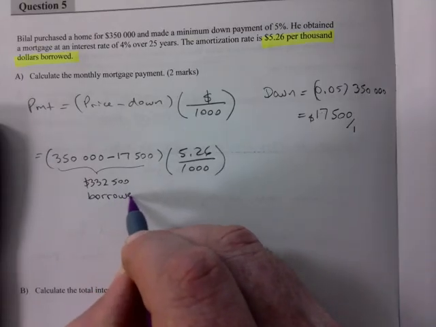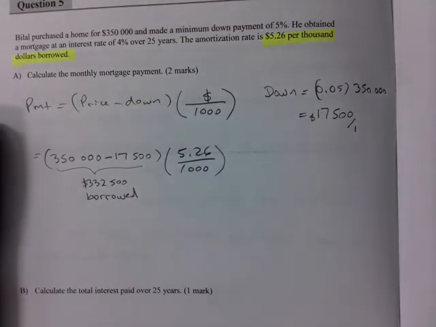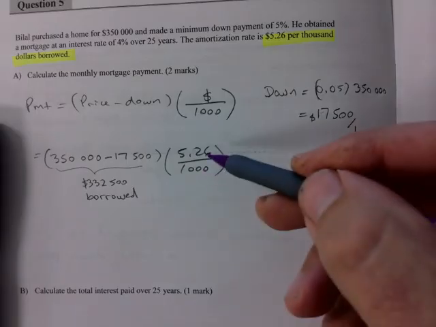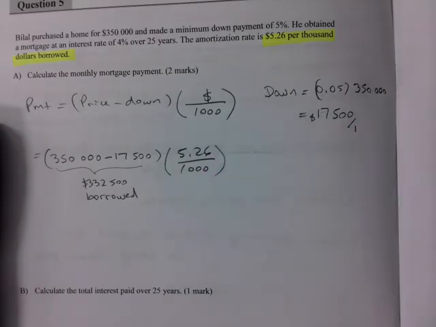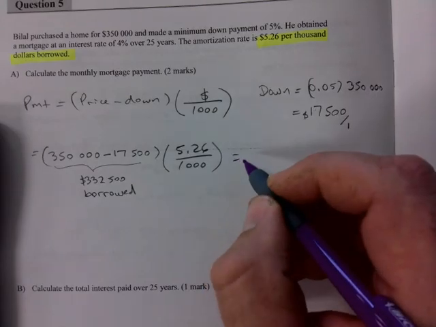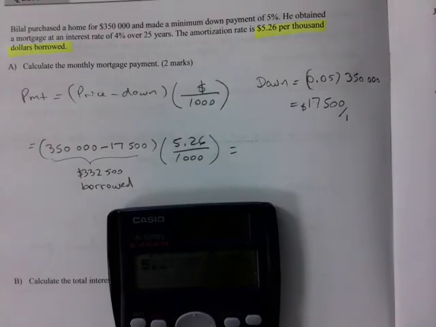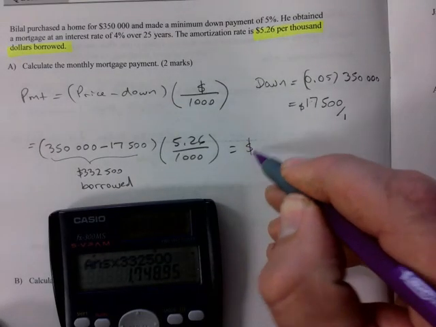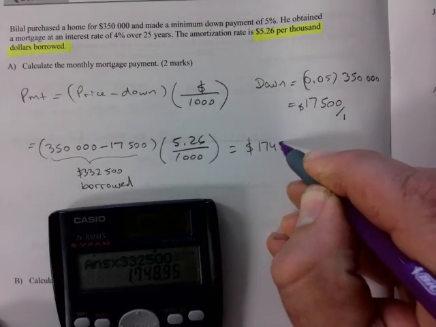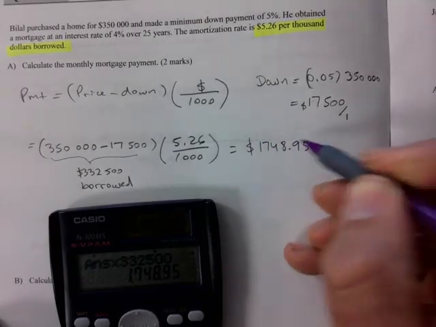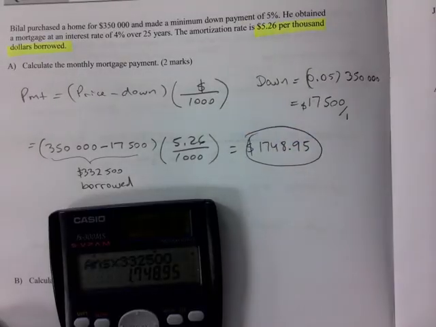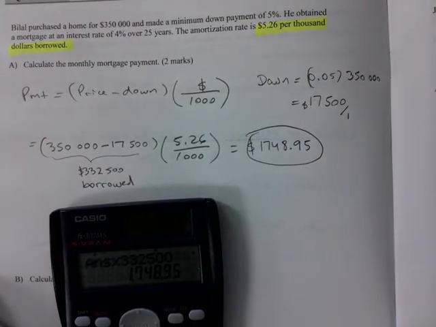That's what you're going to borrow from the bank, and they charge you $5.26 for every $1,000 you do borrow. So I'm just going to go ahead and multiply that now. So 5.26 divided by 1,000 times 332,500. That is 1748.95 a month. Okay?